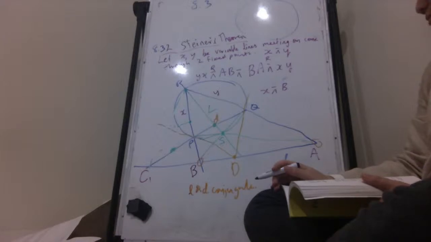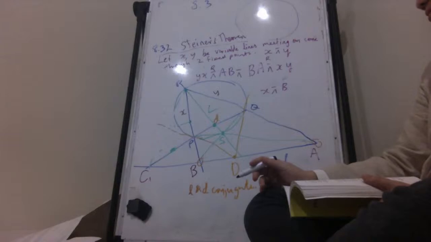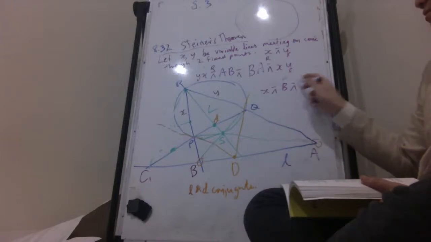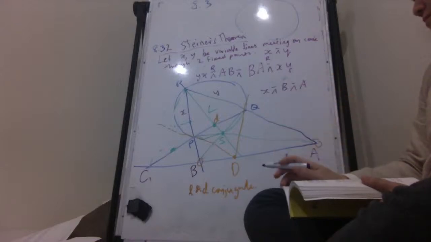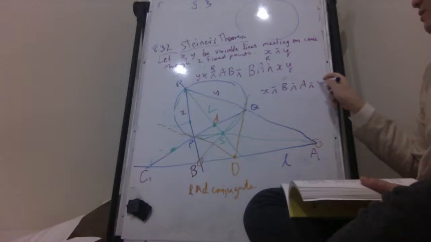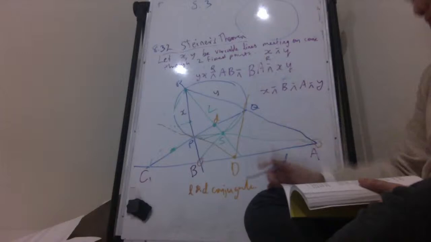There could be a lot of B's and a lot of X's going through P, and that's related to A because it's an involution, and then A is related to Y, which is basically the same as what I said.